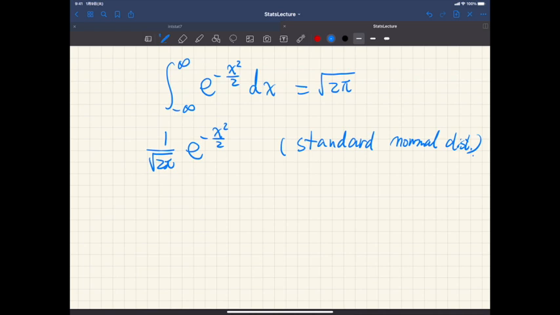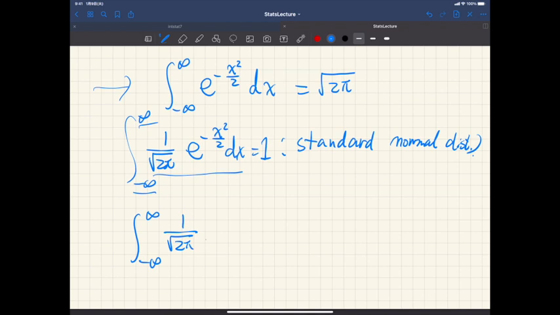If you divide both sides of this equation by square root of 2 pi, then you can easily see that the integral of this density is equal to 1, just as expected. Because it's a density function, if you integrate over the whole space, then it should be 1. It's normalized.